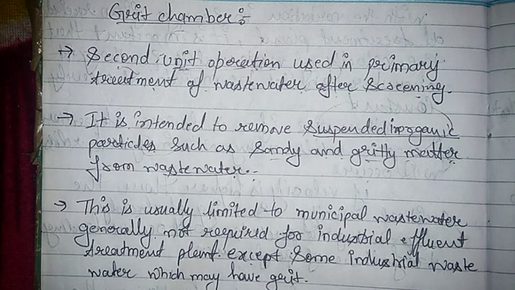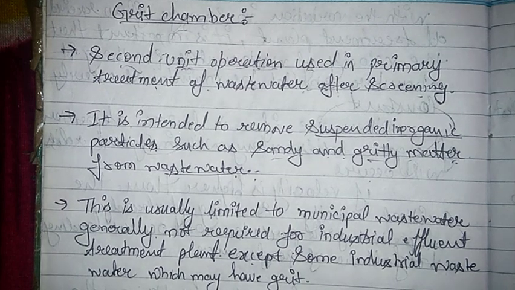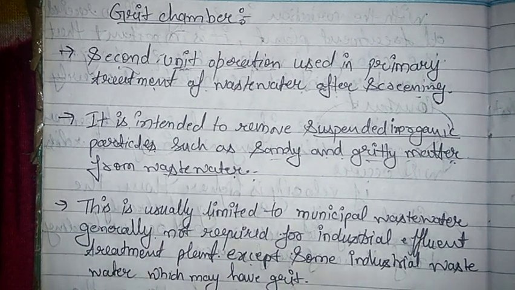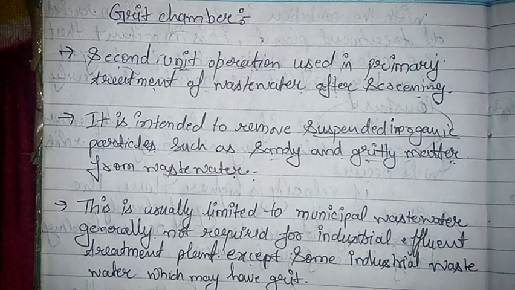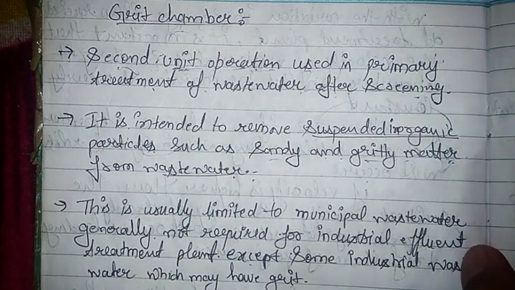One is organic matter, which is decomposable and gets decomposed after a certain period of time, and the other is non-decomposable inorganic particles, which need to be removed from the sewage. We remove the inorganic particles in the grit chamber.